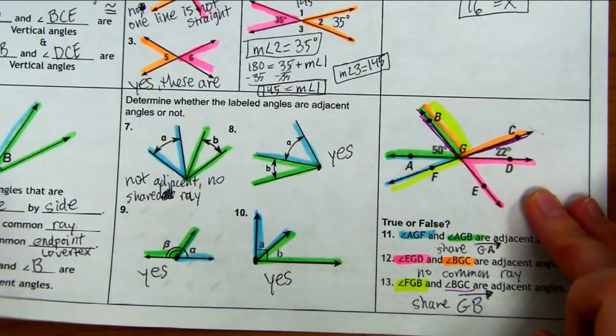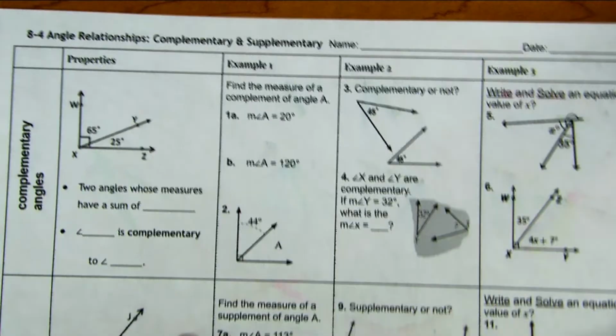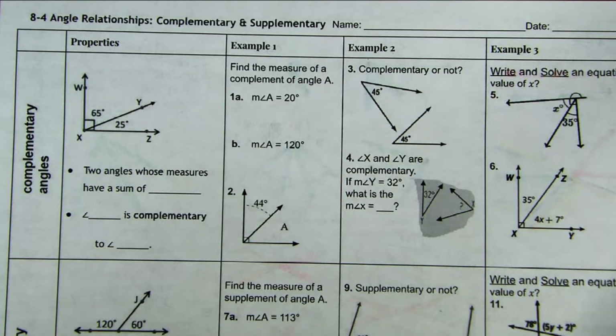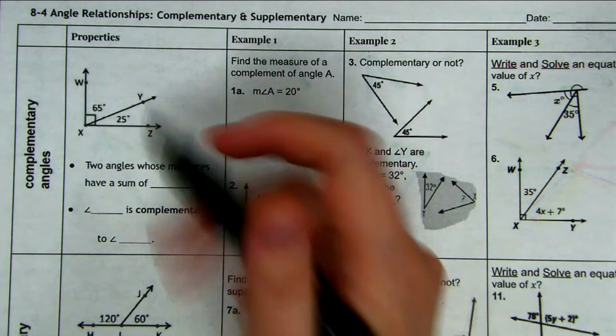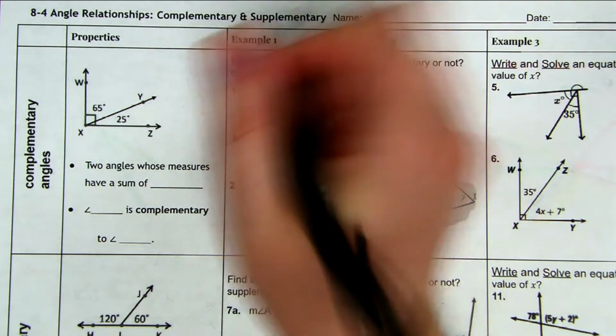Next, we're going to flip this and look at some examples having to do with angle measures. So when we're talking about complementary angles, these are two angles that together add up or have a sum of 90 degrees.